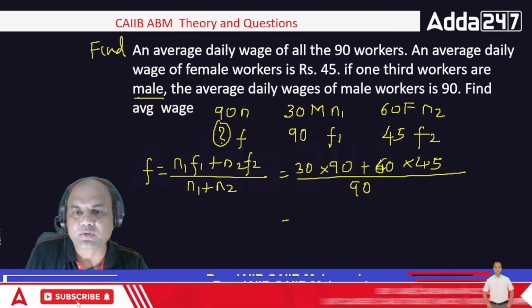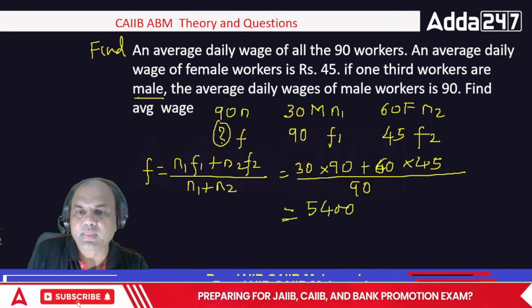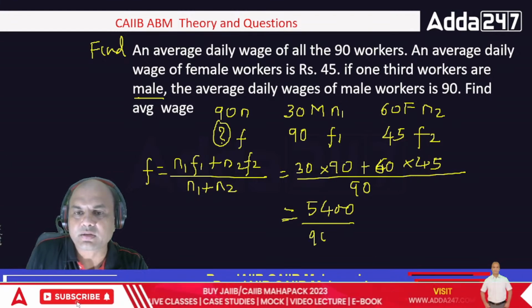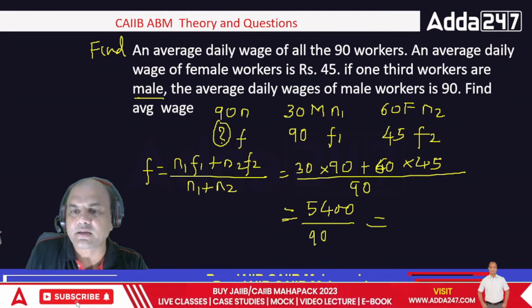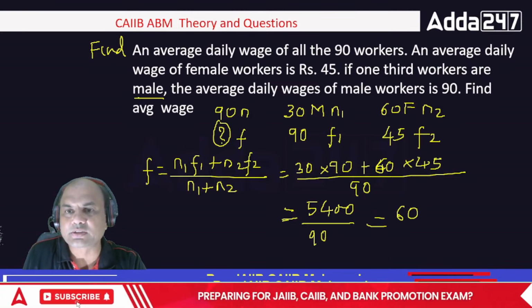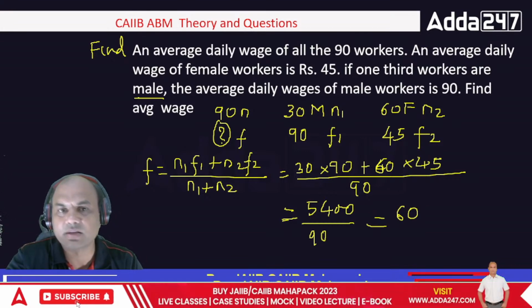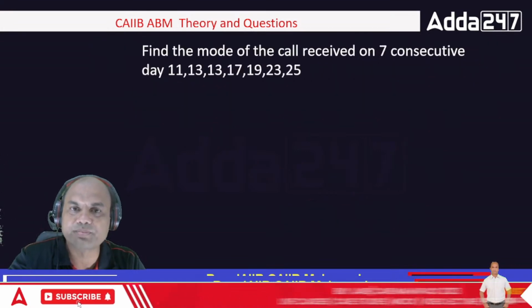So my answer comes out to be 5400 upon 90, so that becomes 60. So the average wage of all the 90 workers becomes 60 and that is my answer. Clear? Move on.